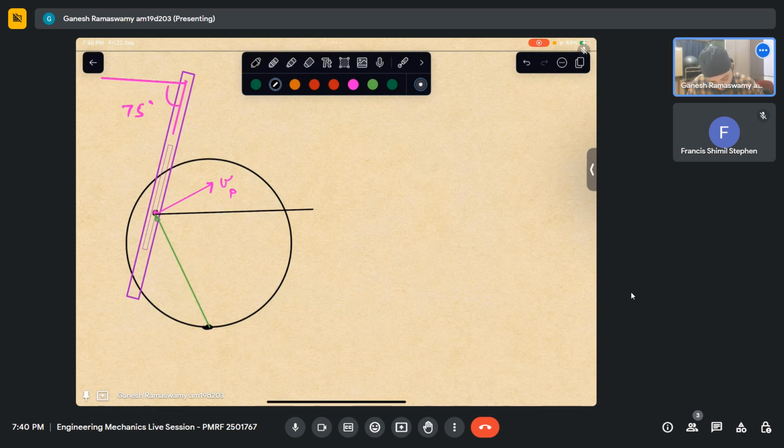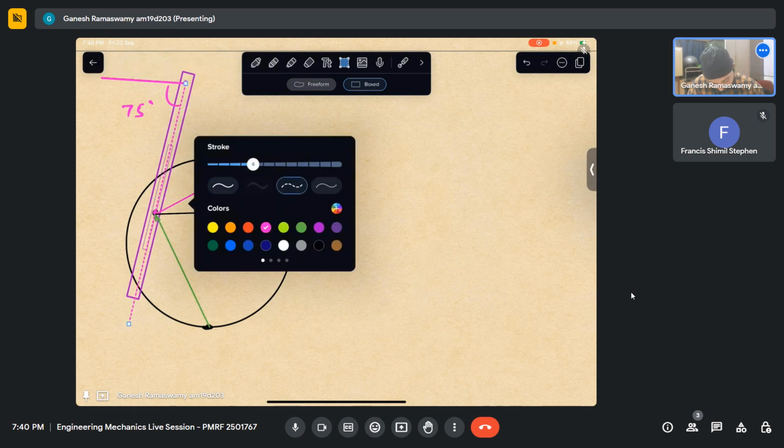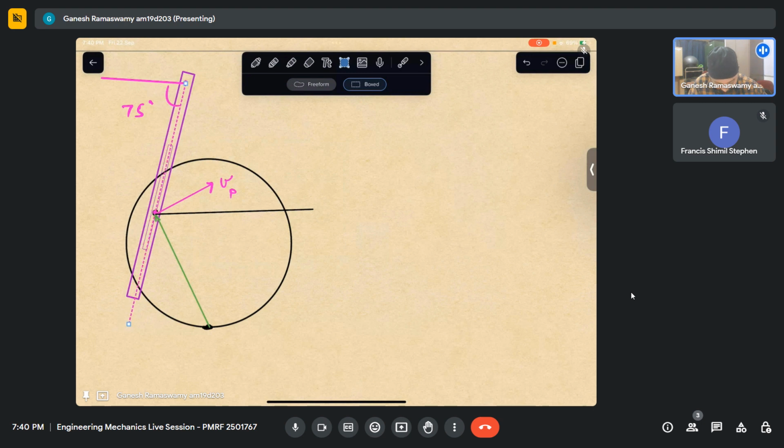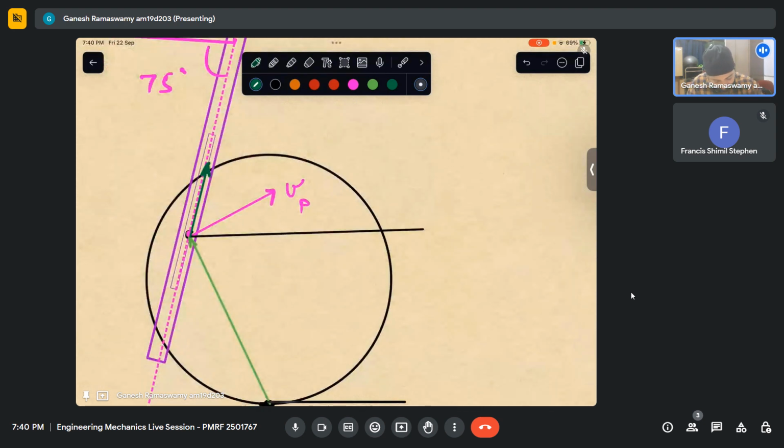Okay, now I can extend this line. So this is making an angle 75 degrees. Now from coincident point analysis, whatever we discussed earlier, we know that there will be a velocity which is along the slot shown in green, and then there will be another velocity which will be perpendicular.